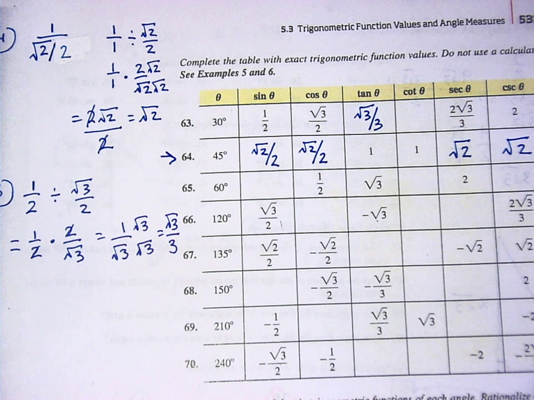Multiply, cancel, cancel. Oh, there's just 3 over 1.